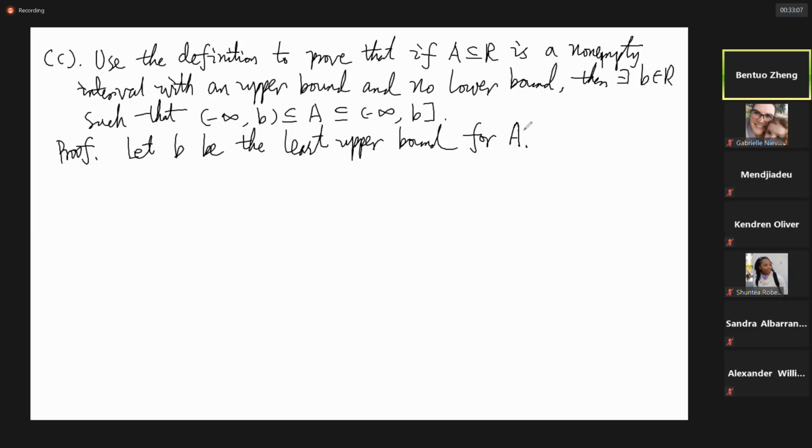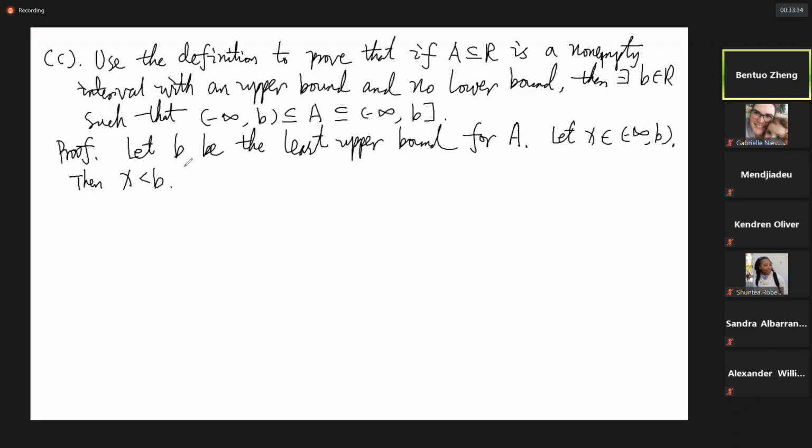All right, so let's first prove the open interval negative infinity to B is contained in A. So we let X be in negative infinity to B. This condition just tells you that X is less than B.